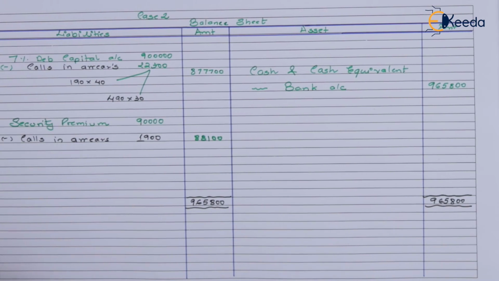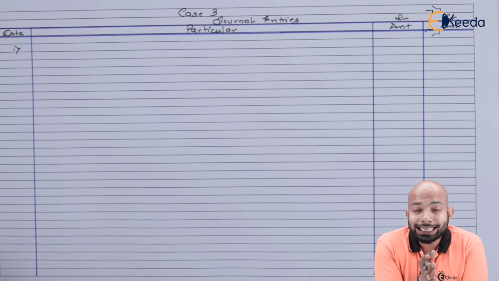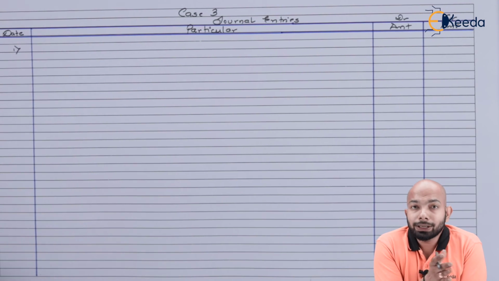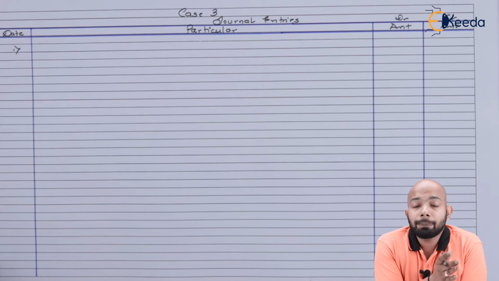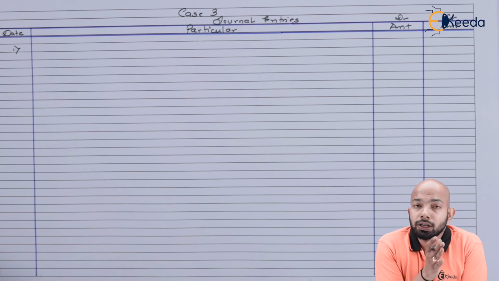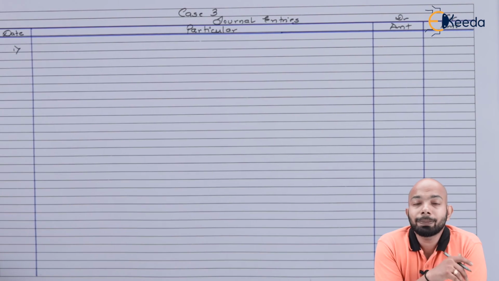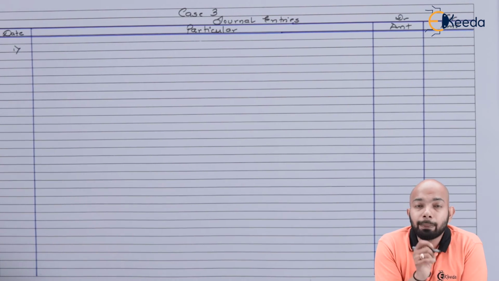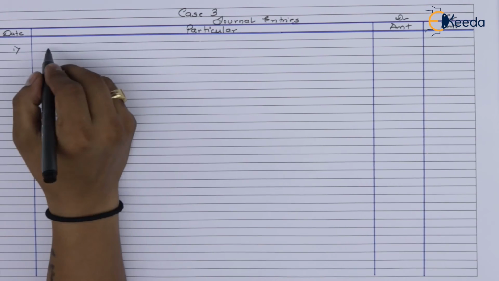We'll start with the journal entries first. Now, in case 3, where discount is supposed to be discussed, there is an application for 20,000 debentures. So we'll first pass those entries where application money is received here.